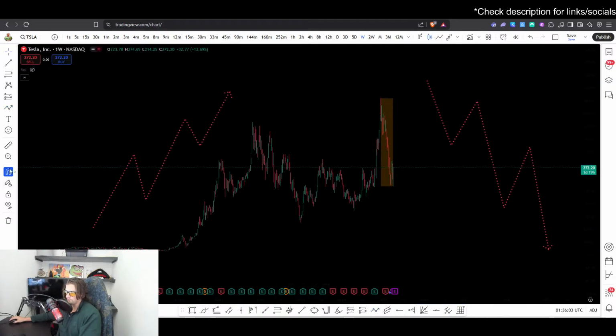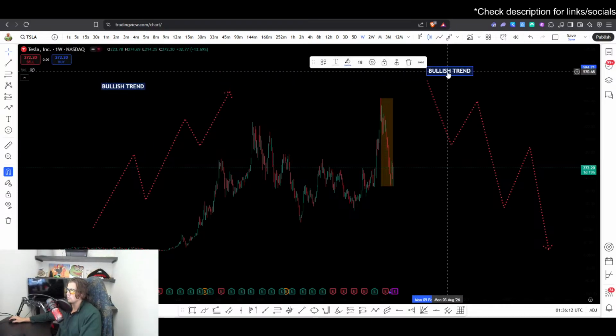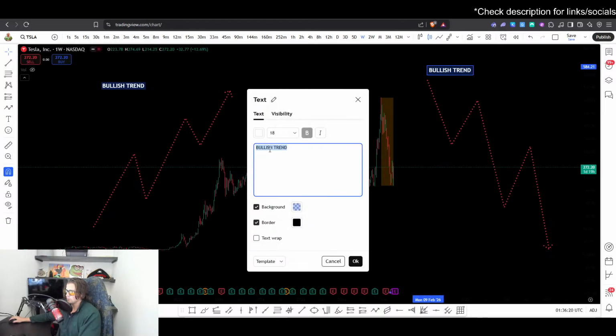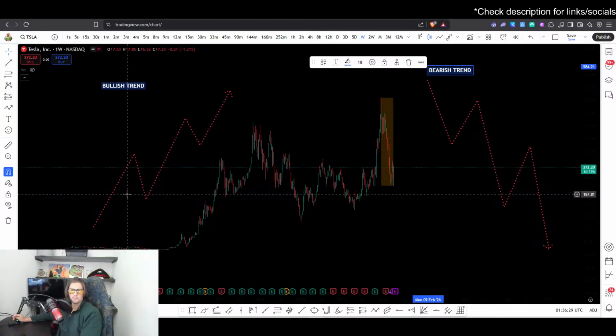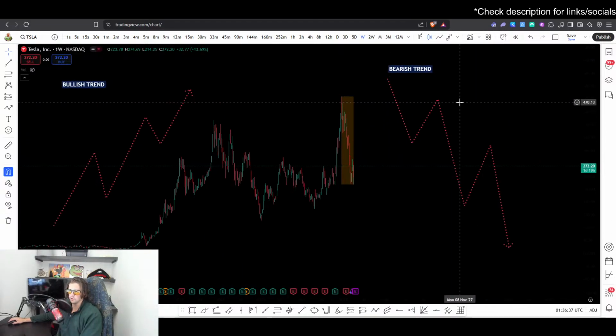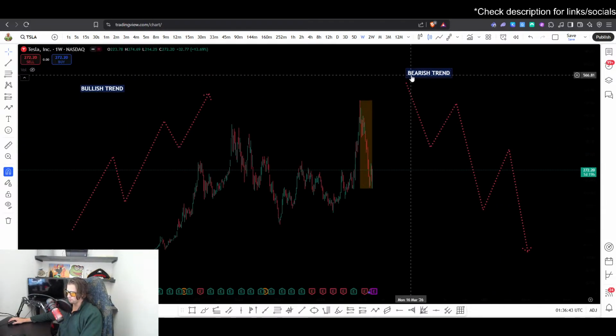So we've got a bullish trend and a bearish trend. And bullish just means up, essentially. Bullish means good buyer demand, up and up. Bearish usually means sellers are in control, down, down, down. All right, so we can have trends up or trends down.